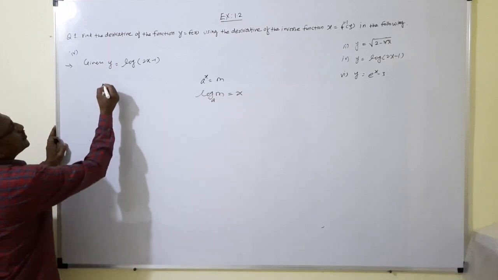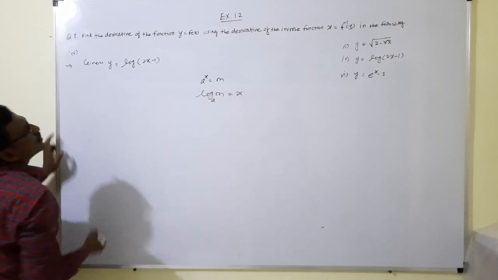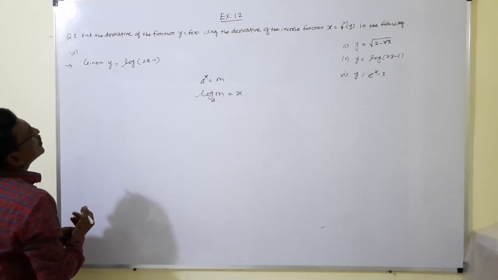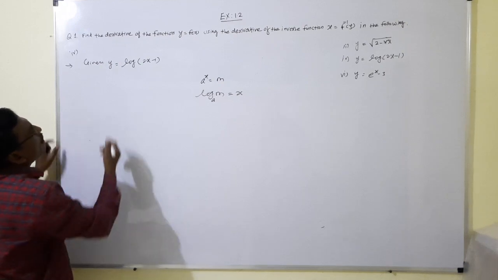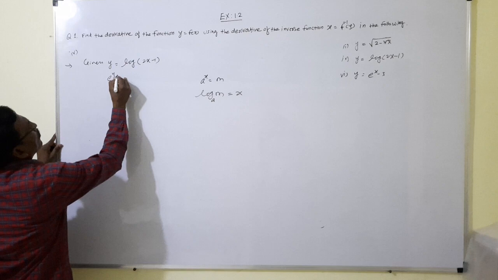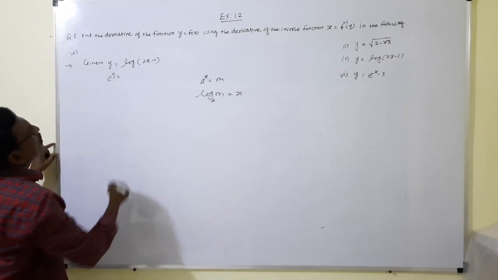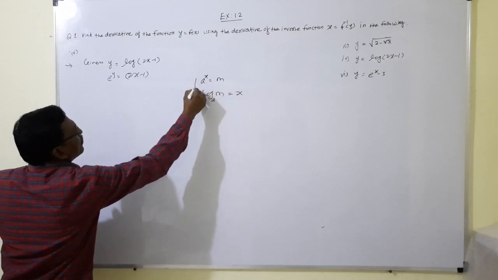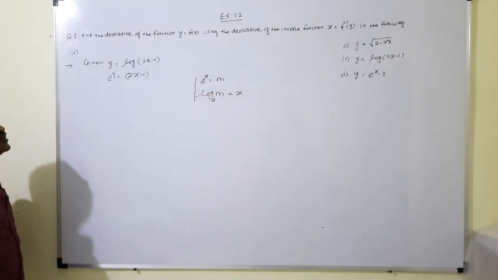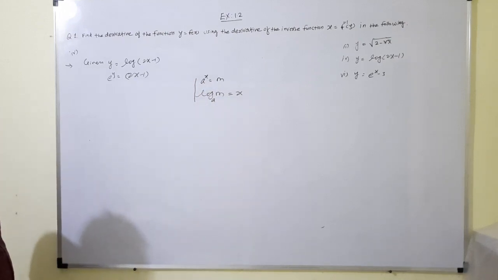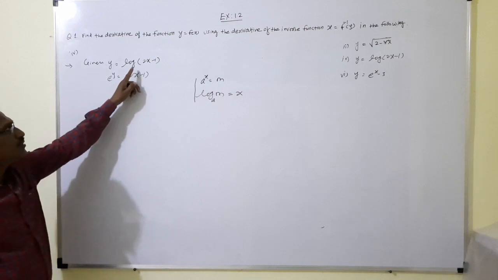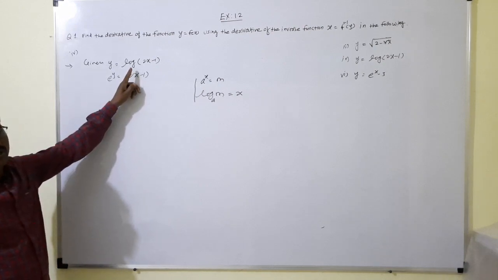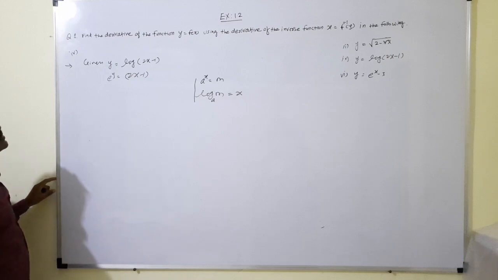So it is e to the power y equal to 2x minus 1, by using this definition of logarithm, because log to the base e is here.